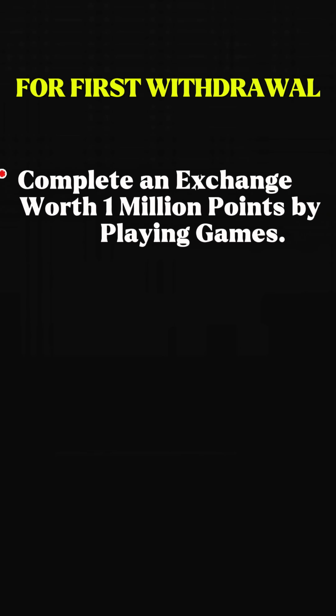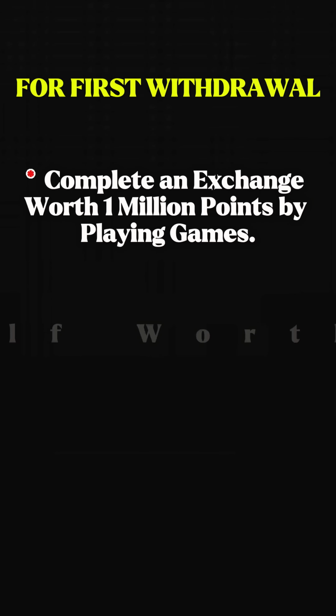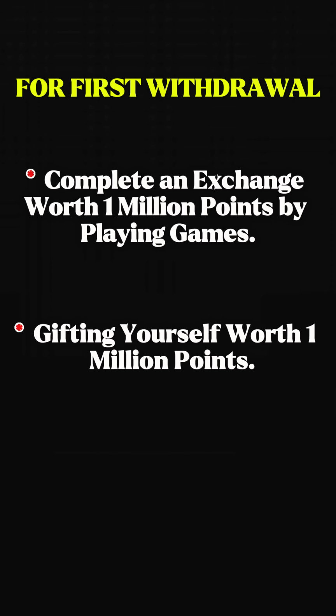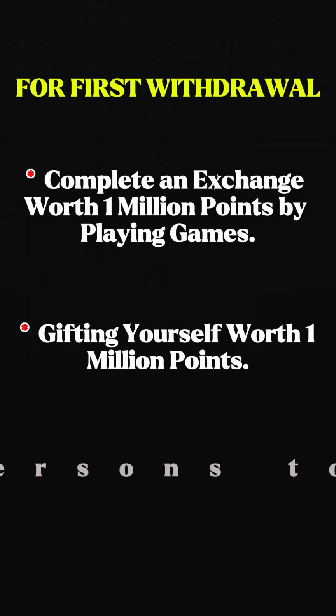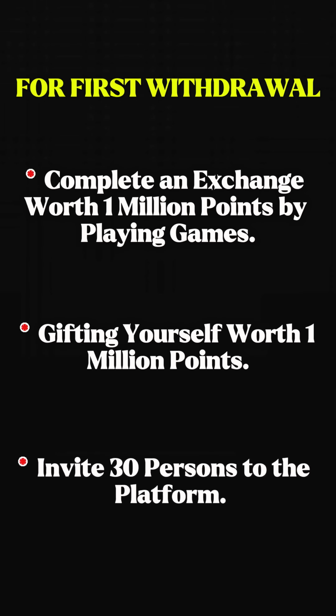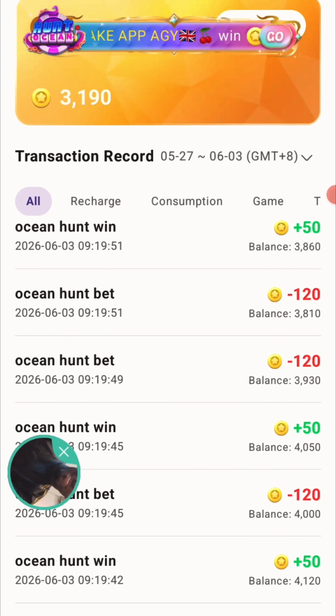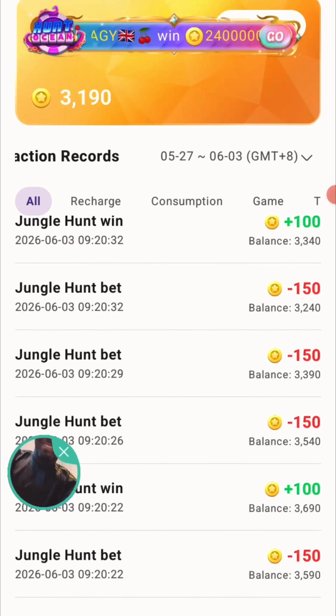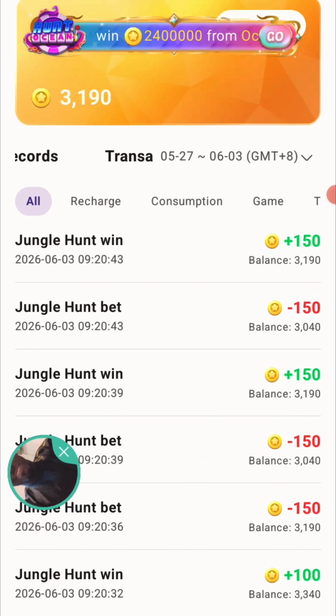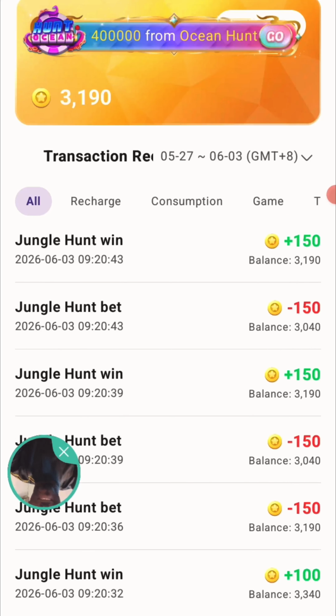Complete an exchange worth 1 million points, or receive gifts worth 1 million points, or invite at least 30 people to the platform. Once you meet any one of these conditions, you are cleared for your first cash out. After that, these conditions no longer apply to future withdrawals.